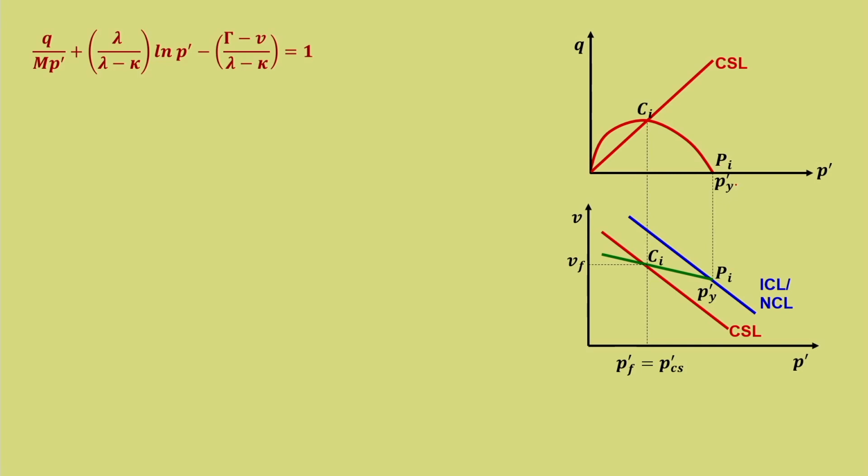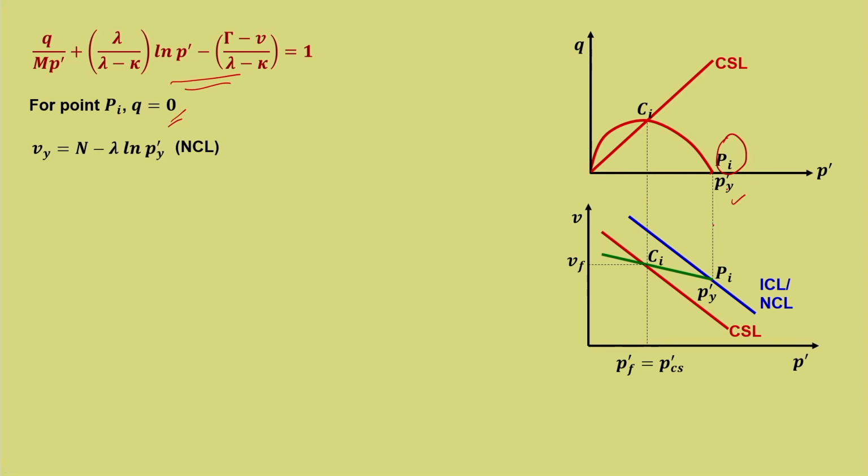Now, considering this to be yield stress, we will also see like this is the same equation. We will start from the same equation because we need to find out the relationship between p dash y and p dash ci. So, for point pi, so this particular point pi, q is equal to 0. At this particular point, q is equal to 0.